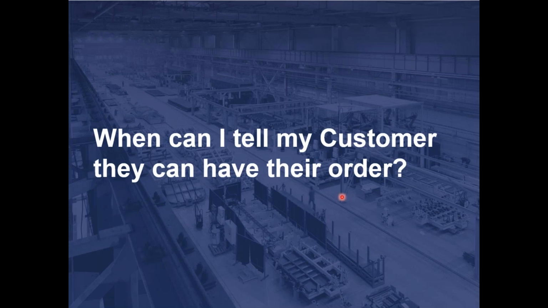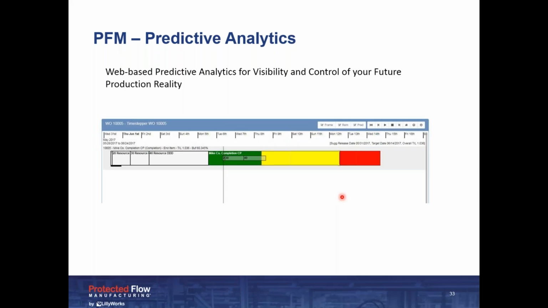Now we want to look out into the future and say, okay, that's all well and good, but where are my jobs predicted to finish out in the future? And that's where we use a program. The other one doesn't use a scheduling program at all. I simply pull that information from the ERP and all that's calculated in real time.